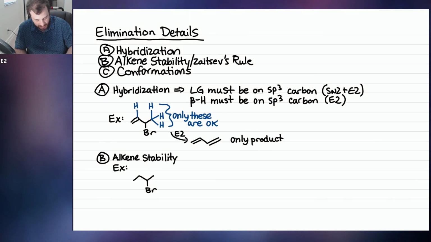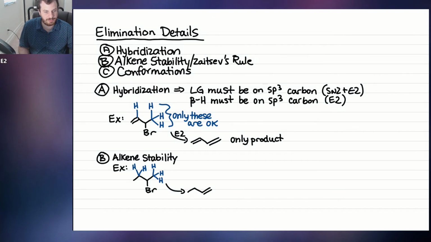Let me draw in the hydrogens. Okay. How many possible products can we form? Well, if we eliminate from the right side, the methyl hydrogens on the right, we would end up with this alkene. It's eliminating towards the beta carbon on the right.